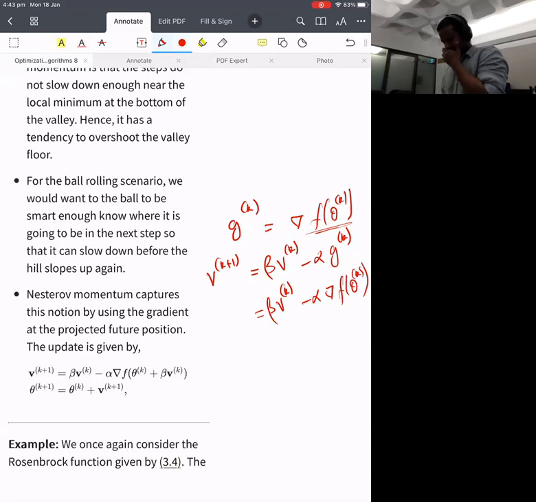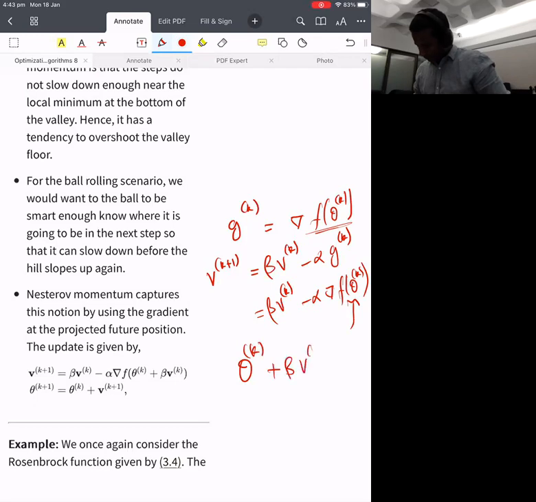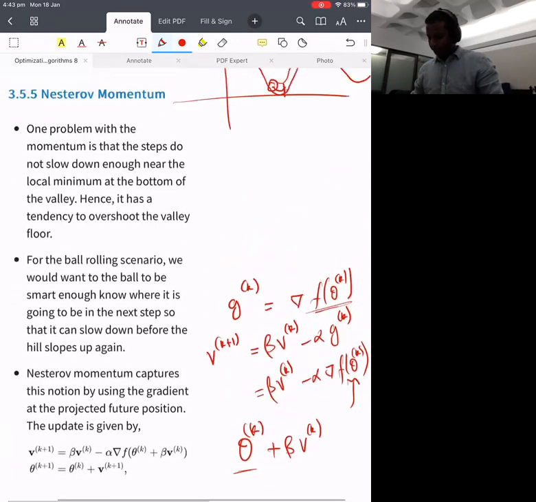This is the current location, but you know that theta k plus beta v k can be computed wherever you are, because you know v k by then, you know beta, that is some fixed value, and theta k is the current position. So it will always be ahead of you.